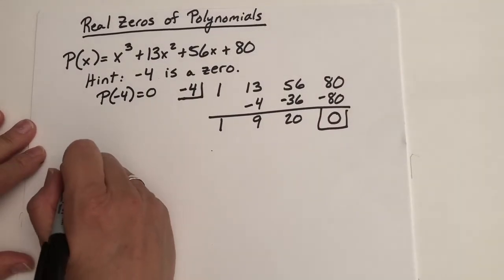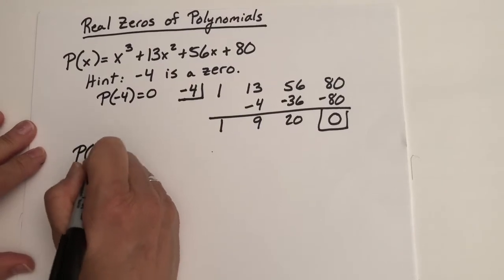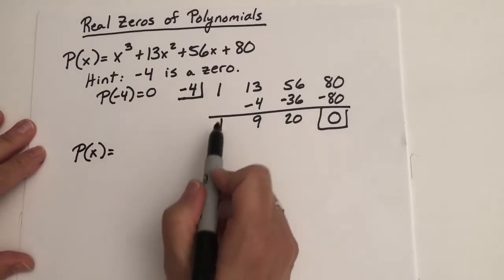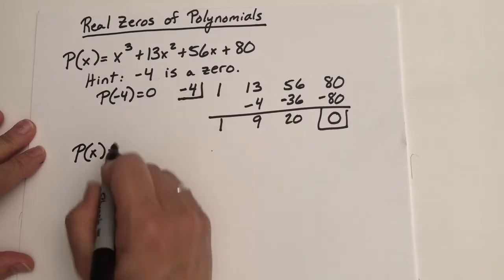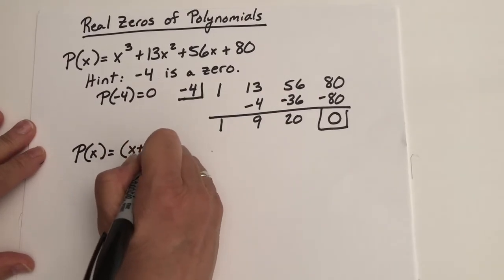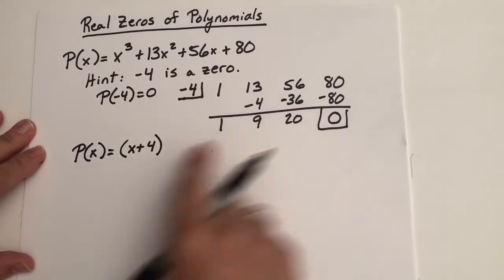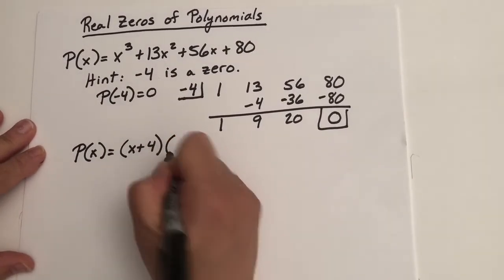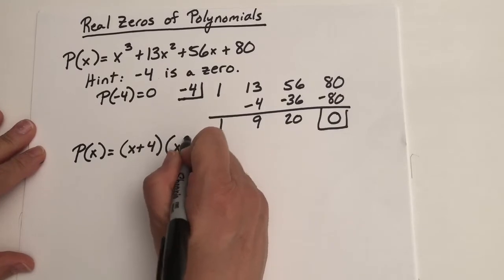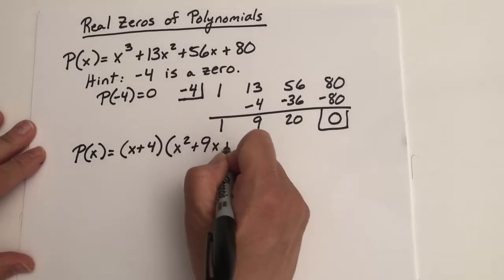So in fact, we know that P of x equals x plus 4 times, remember these are the coefficients of our other factor, x squared plus 9x plus 20.